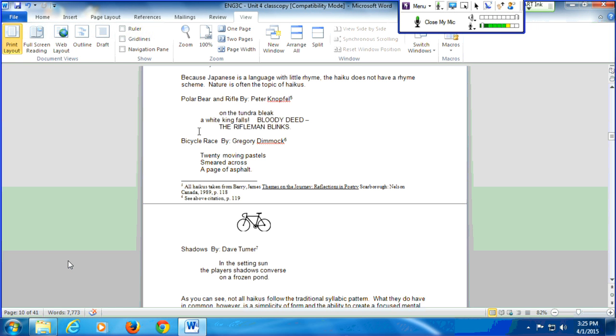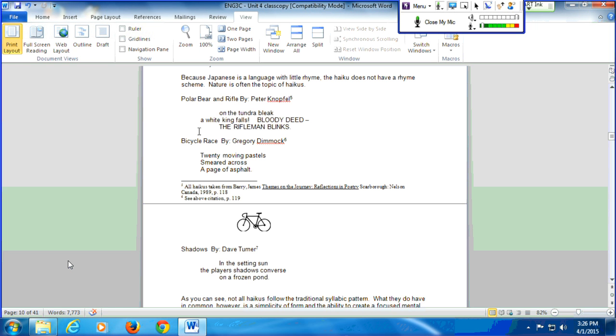So we have 7, 4, and 6. It's still 17 syllables, it's just they're put in the wrong order. And once again, this is not so much built around nature. Instead, it focuses on an activity that's occurring.